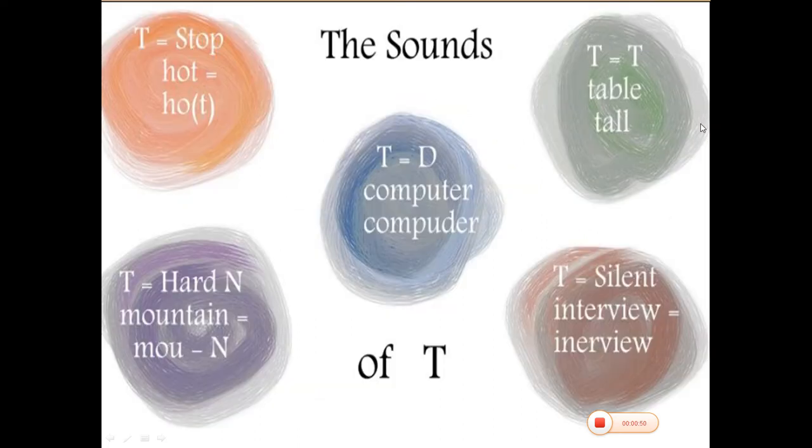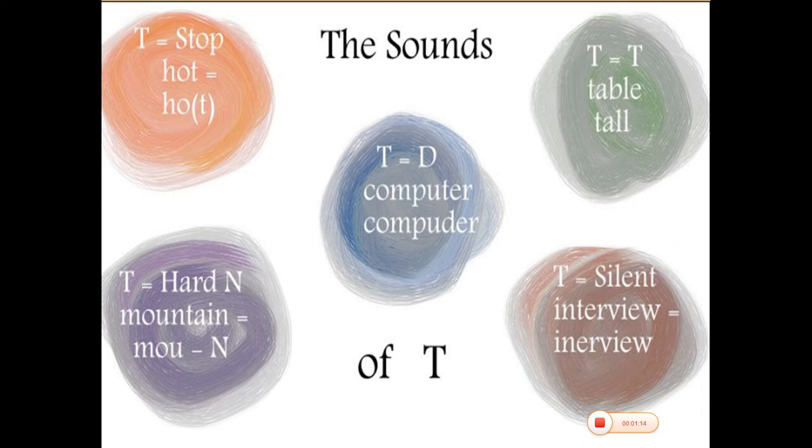Okay, first of all, basic introduction. There are 5 types of T's. First is T when it gives you a stop sound, like hot. Second is T when it gives a hard N sound, like mountain becomes mountain.